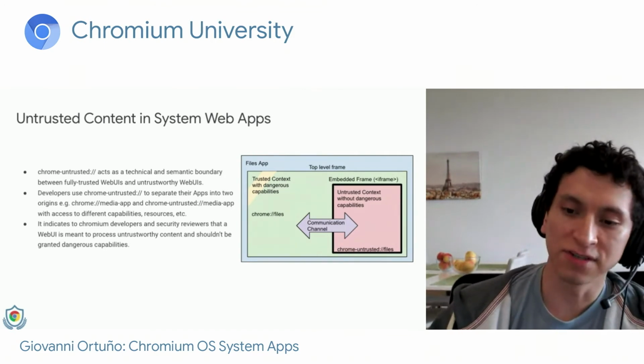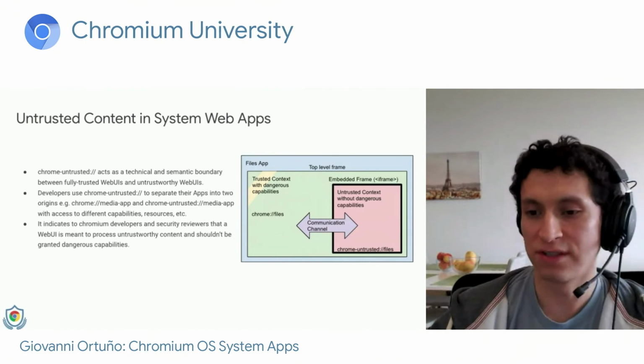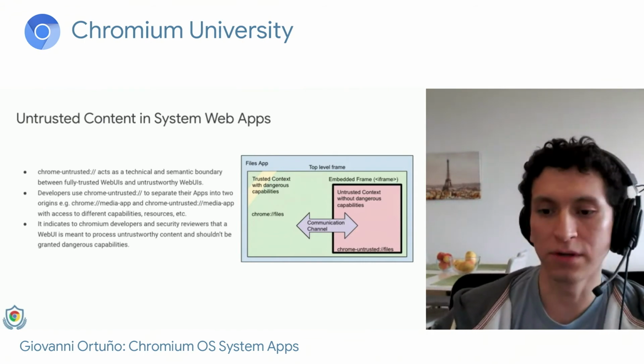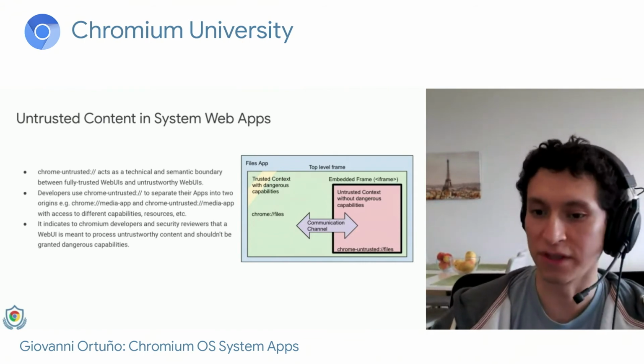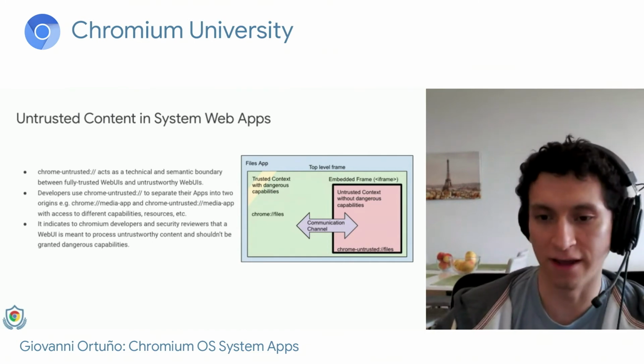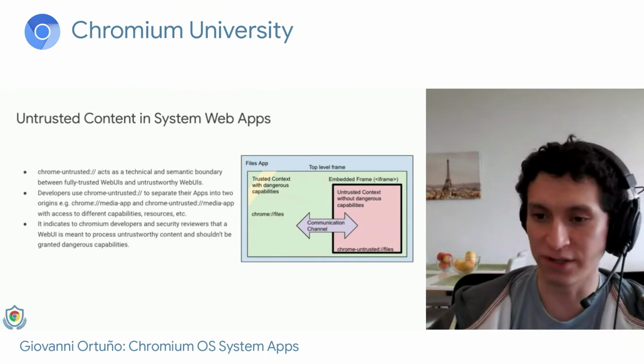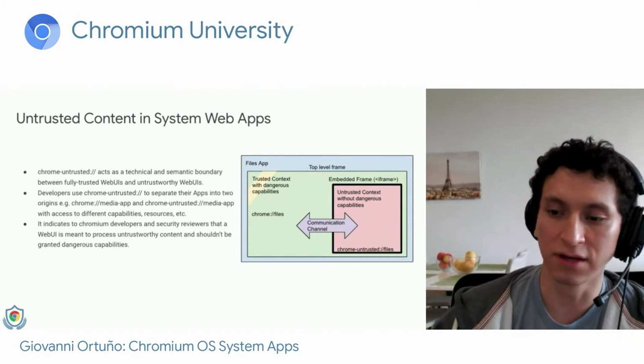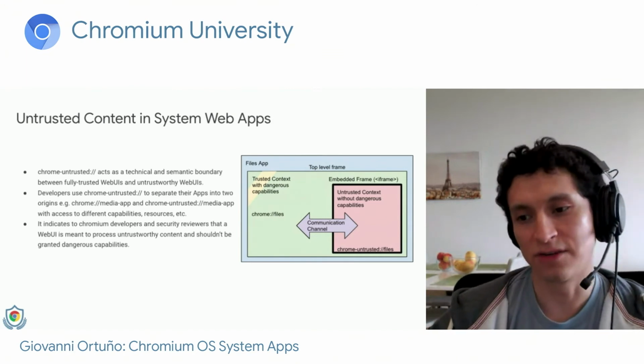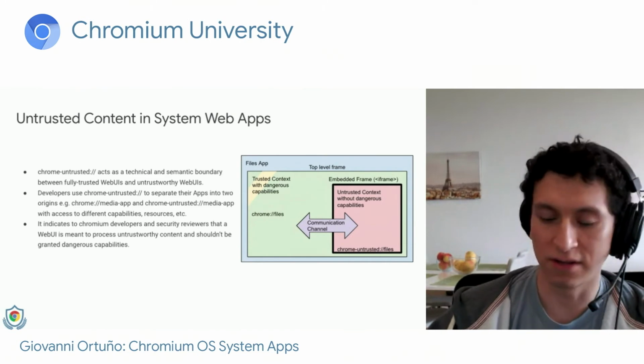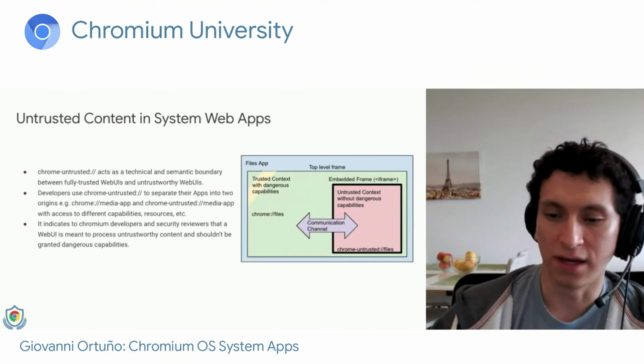And inside your untrusted context is where you process all your untrustworthy content. So you could, for example, imagine the media app has all its UI in the trusted context, but in the untrusted context, they just render the image.